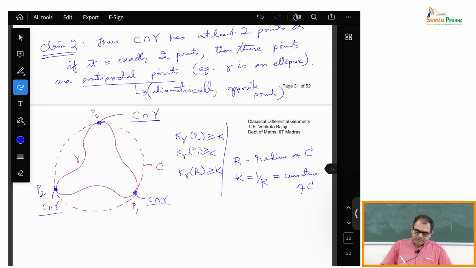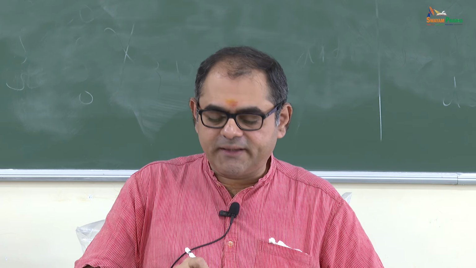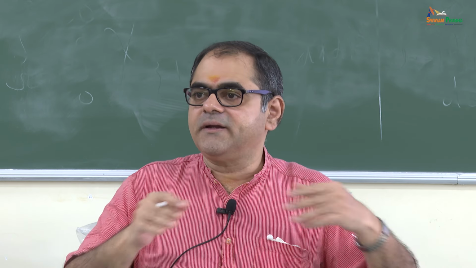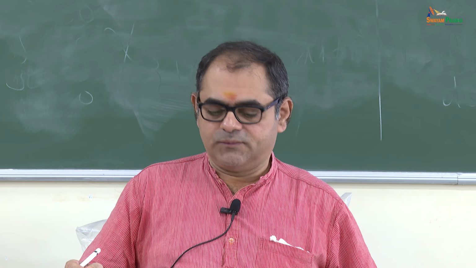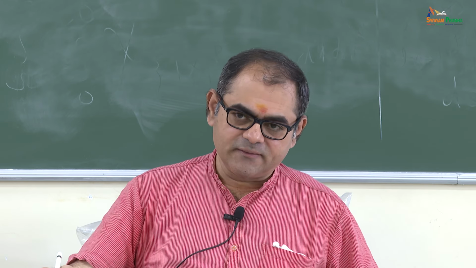So the curvature of gamma at P is greater than or equal to K for every P in gamma intersection C. The proof of that is that if you take any such point and draw the circle of curvature, that's going to be completely inside this C. So it should have a smaller radius, therefore it has a greater curvature.